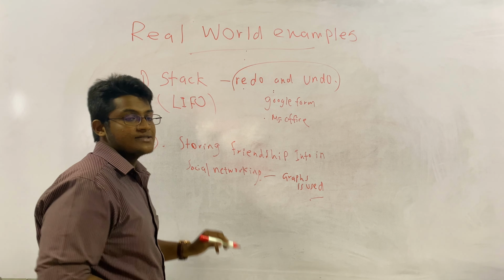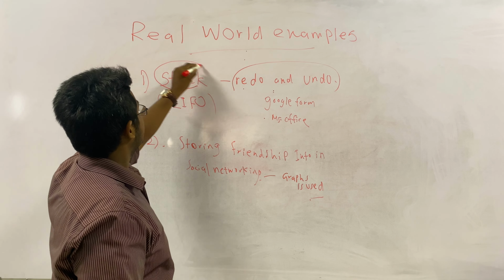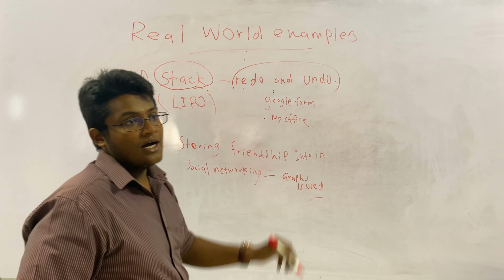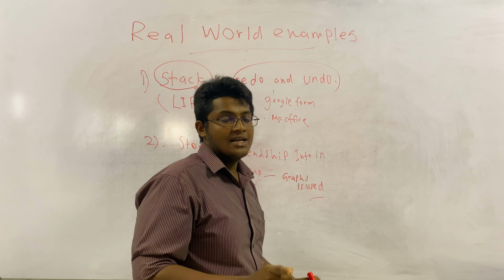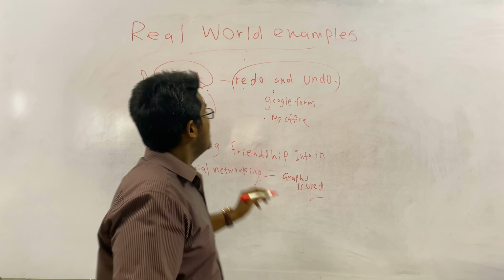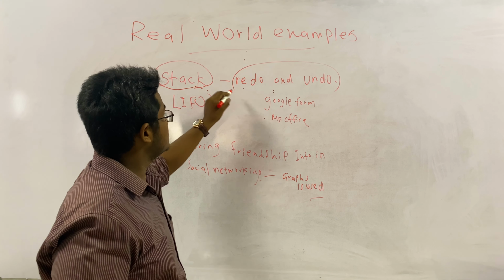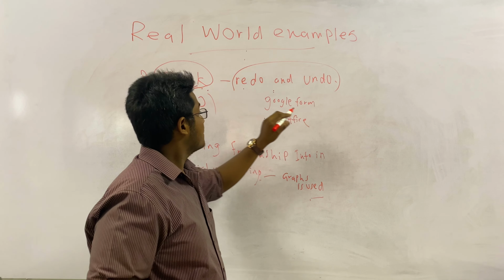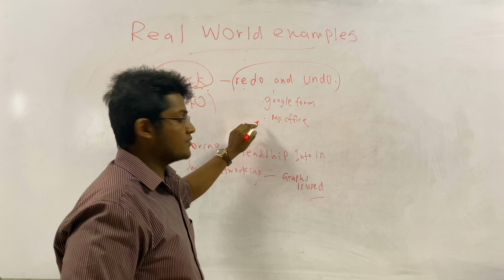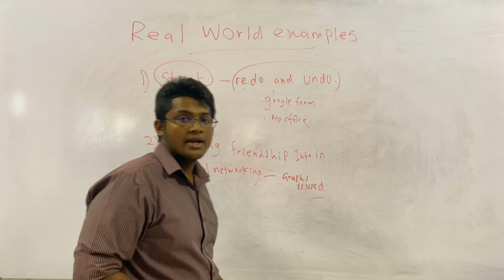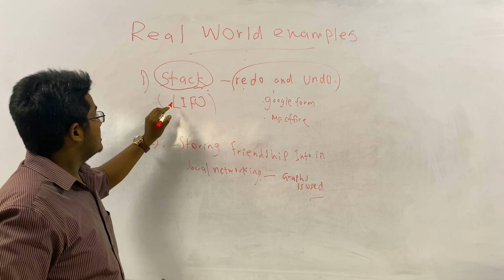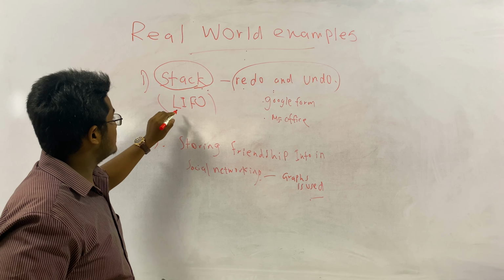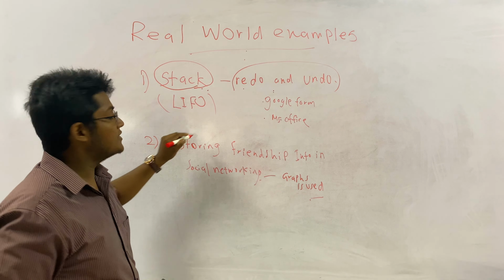We are using stack. I hope that you remember, stack is a linear data structure. By stack, we can do the redo and undo function in Google Forms, Microsoft Office, any redo and undo function. A stack works as last in, first out.